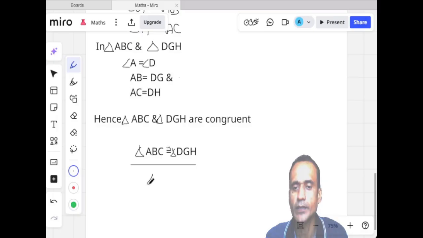That means that angle A is equal to angle D. This is already given.